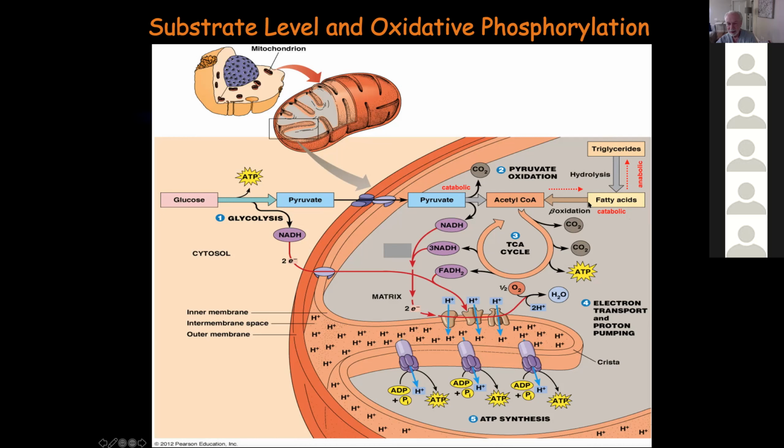So this pathway can run either direction. If fatty acids are being converted to acetyl-CoA, that's catabolic. You're breaking them down. If acetyl-CoA is converted to fatty acids and in turn to triglycerides, that's anabolic. Acetyl-CoA is a building block for fat.